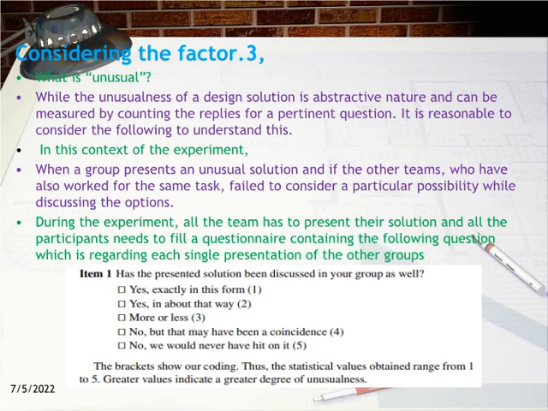Options are: yes, exactly in this form, 1; yes, in about that way, 2; more or less, 3; no, but that may have been a coincidence, 4; no, we would never have hit on it, 5. Statistical values obtained range from 1 to 5, and a greater number indicates greater unusualness.